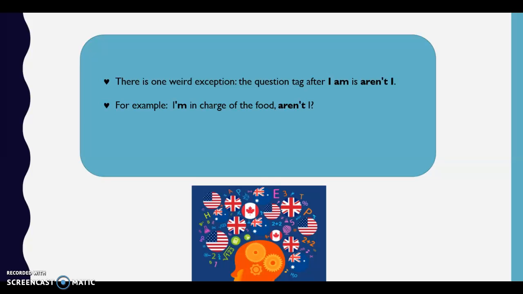Then, if it is an affirmative sentence, we must answer in negative. But if the main clause has an auxiliary verb in it, you use the same verb in the tag question. Yes? But we have one exception.